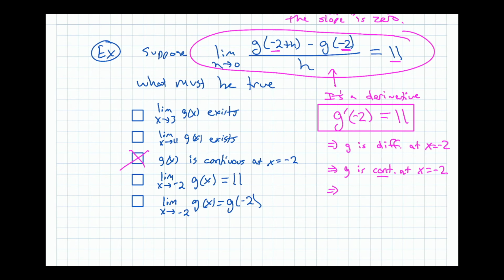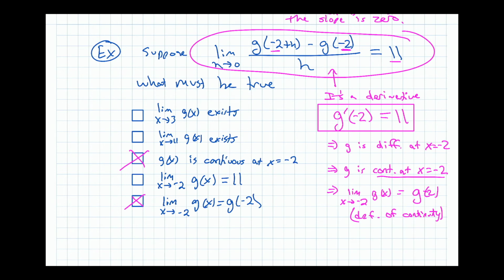So if it's continuous at x equals -2, by definition, the limit as x approaches -2 of g of x equals g of -2. And that's the definition of continuity. All right. And so, oh, sorry, that should have been -2. And that's this box.